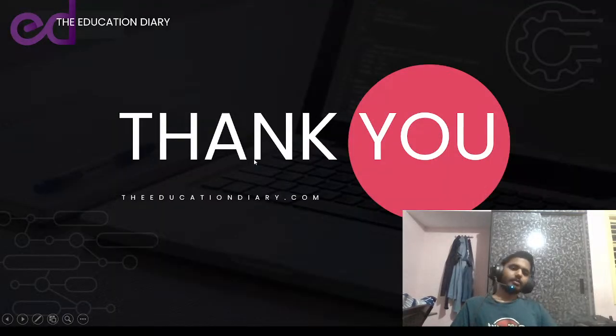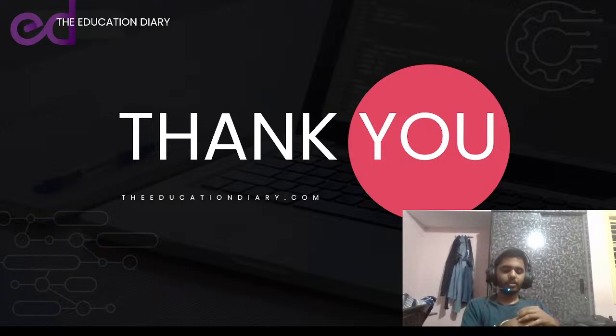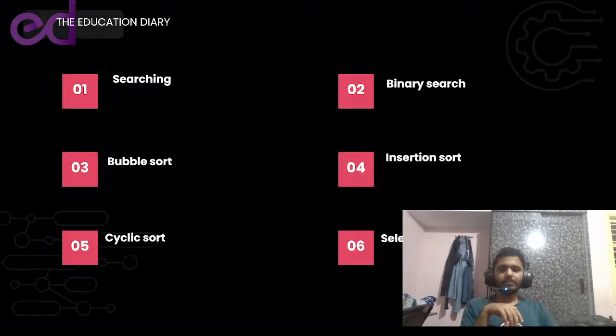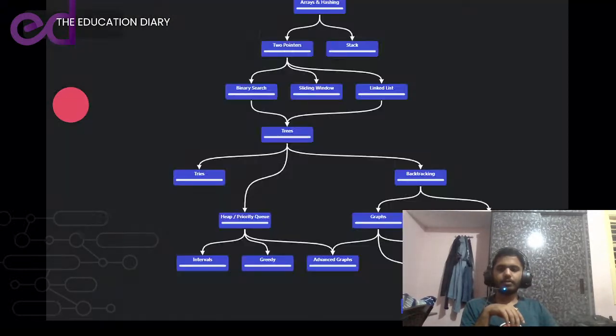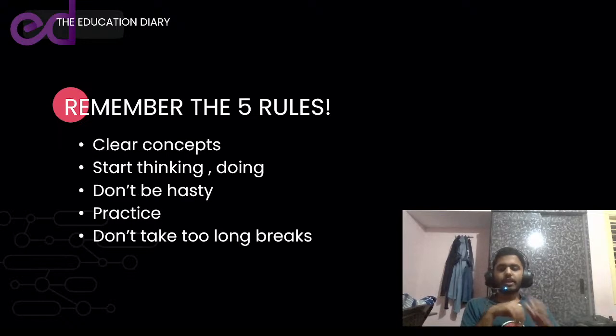So with this, the bootcamp comes to an end. What you have learned today is very important. Let me show you again. Remember these 5 rules if you are trying to learn DSA. Clear your concepts, pick a programming language, start thinking about it by doing it.